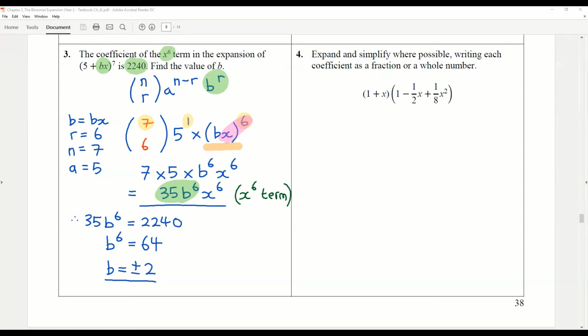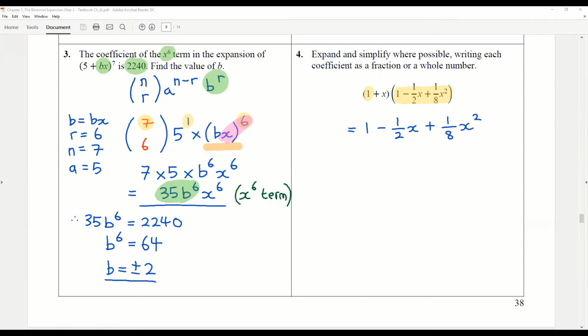So what I like to do, of course, is to start with the constant, which is of course 1, and then we're going to multiply everything in here by 1 and then set up some columns. So if we do that, it's going to be 1 times everything, so it's just going to be the same thing again. 1 subtract 1/2 x plus 1/8 x squared.